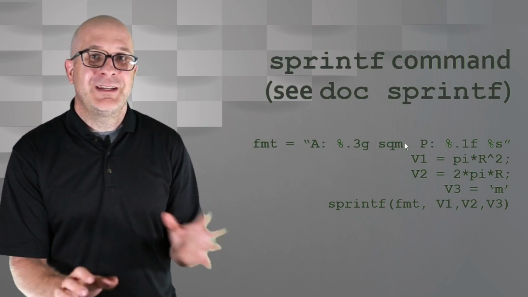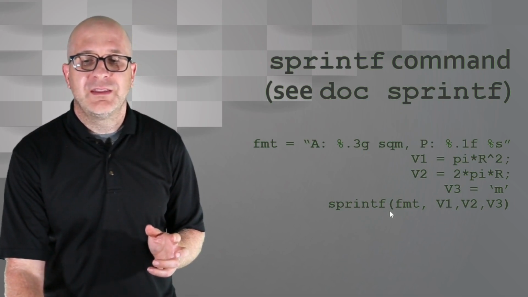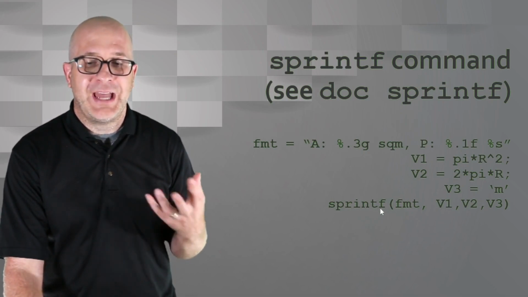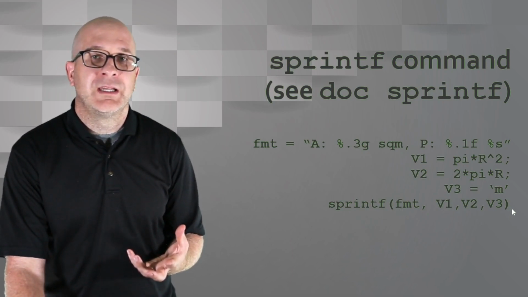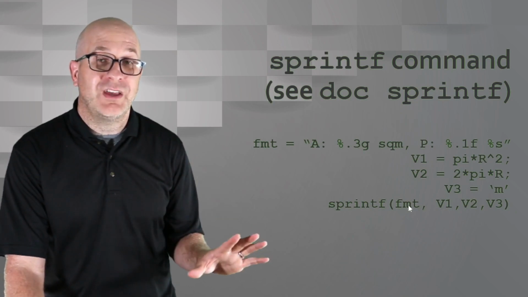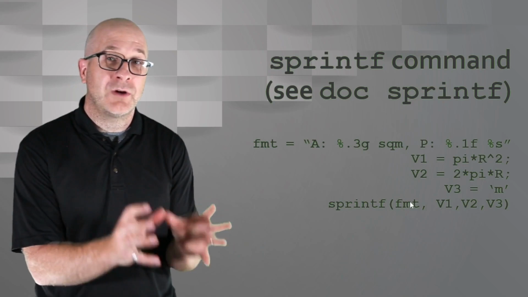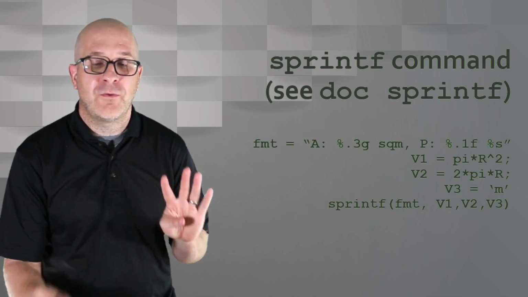So let's dive in here. If I take a look at this over here, we can see there's an sprintf fmt v1 v2 v3. So I'm going to call this sprintf down here a process. So you're learning about a new process in Matlab. This process takes 4 inputs.